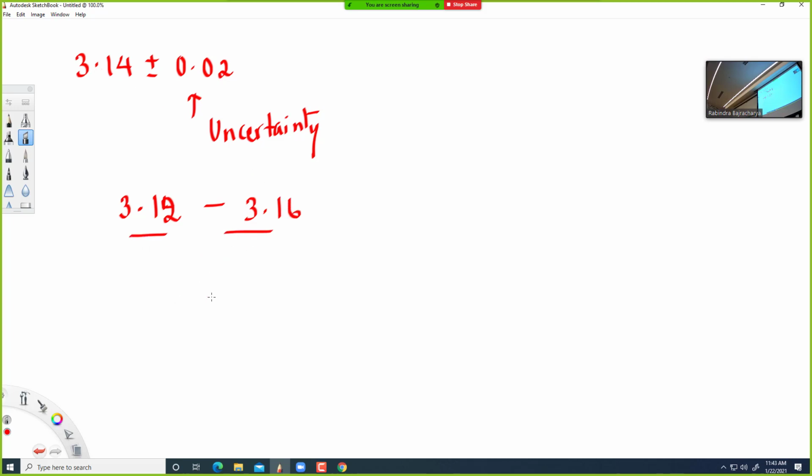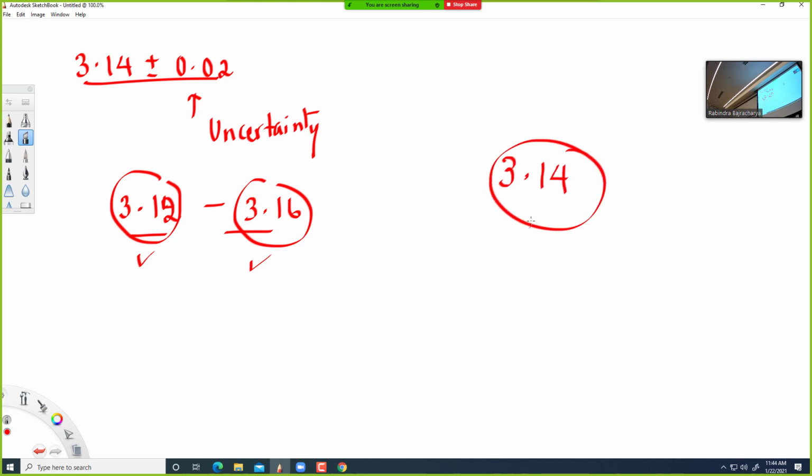So you don't know for sure what the number is, but you know that your measurement is between this one and this one. Okay, that's how you express the number in physics. And the numbers you have here are what we call significant figures.